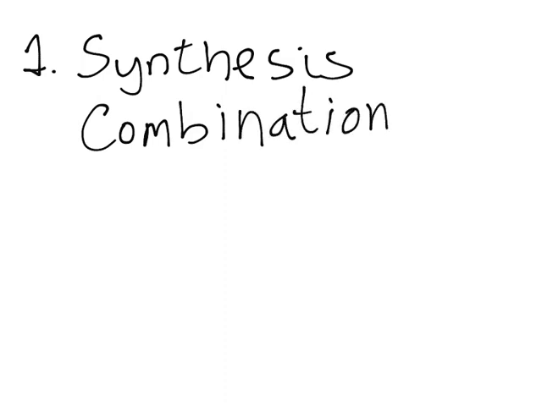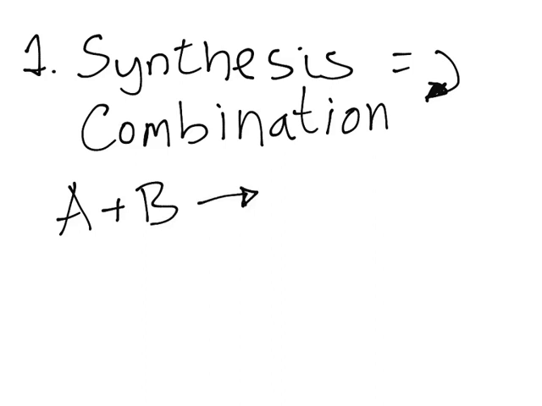It is the same. And you can give it a kind of formula on how it goes. It's something like this. A plus B will form AB. So an element 1 will combine with element 2 to form a compound.